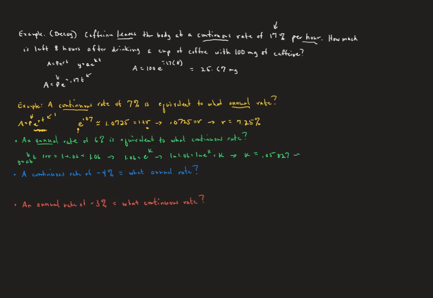And we want to give that as a percent, so our percent growth rate is going to be 5.827%. So a 6% annual rate of growth is equivalent to a 5.827% continuous growth rate.